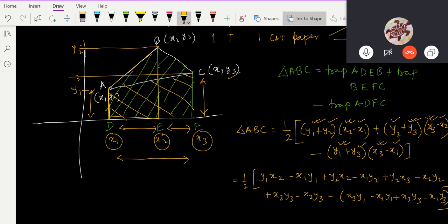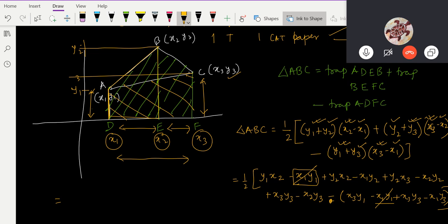And then we just simplify this. We can see that we have minus X1 Y1 here and minus X1 Y1 with a minus sign here will make it plus, so we can cancel these two. What else will cancel? X1 Y2 cancels.